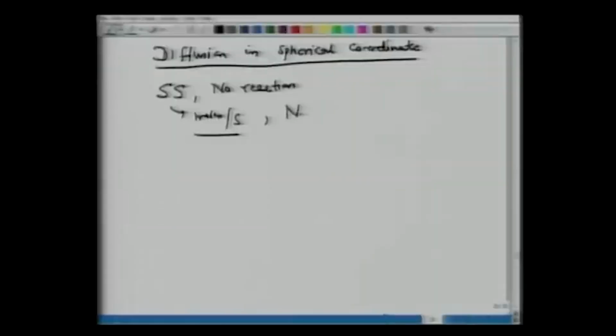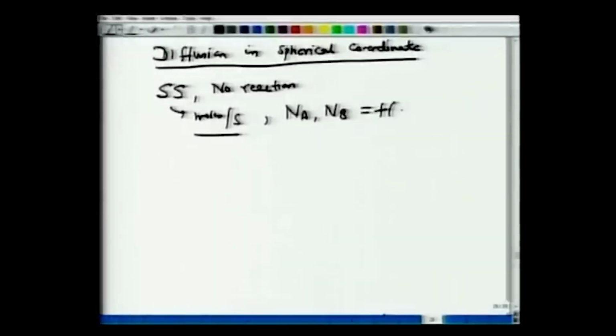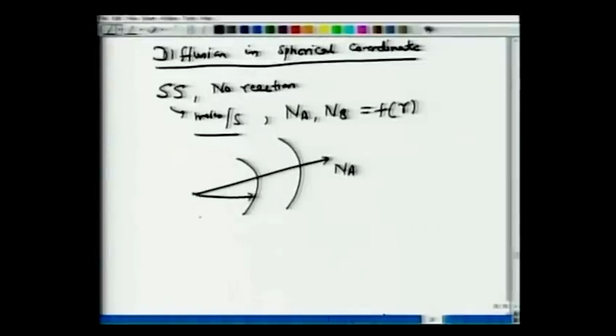All we are saying is that at steady state, Na and Nb both will be a function of r or z, although it's a steady state. Why? Because if we look at different planes, if A diffuses like this, the surface area or the diffusion plane area will change from 4 pi r1 square to 4 pi r2 square.